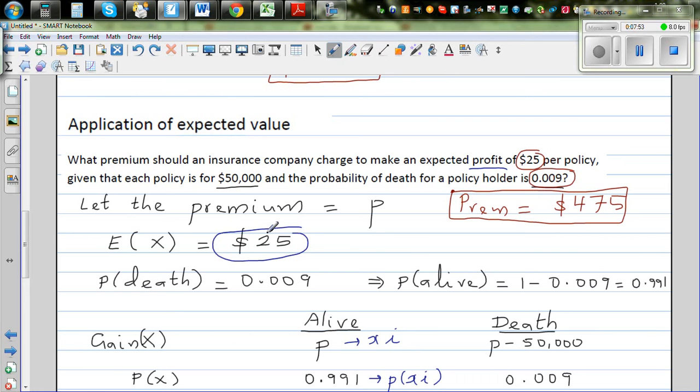That's the whole example about application of expected value in calculating premiums.